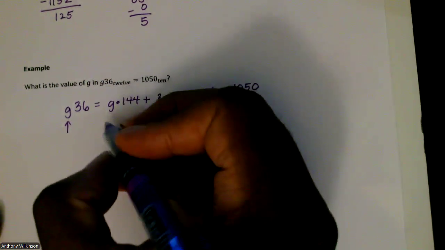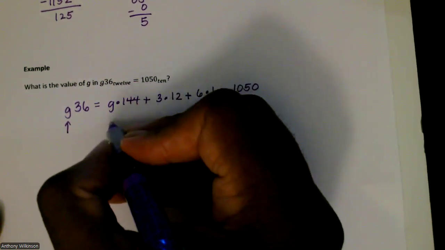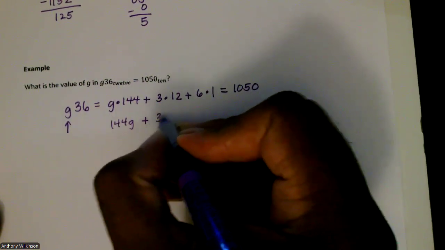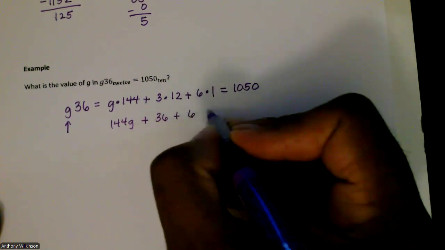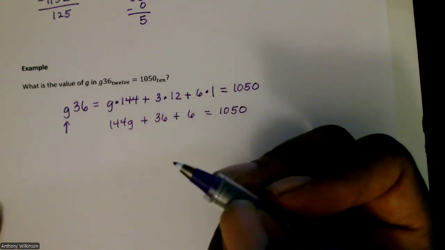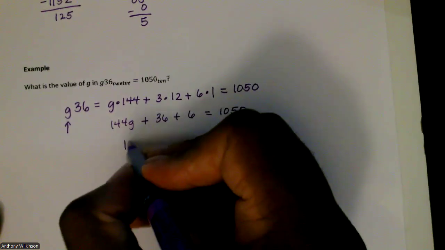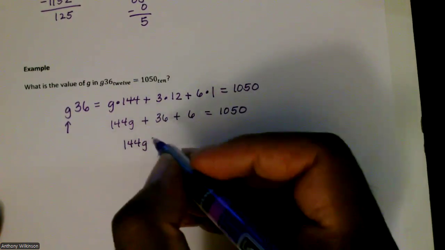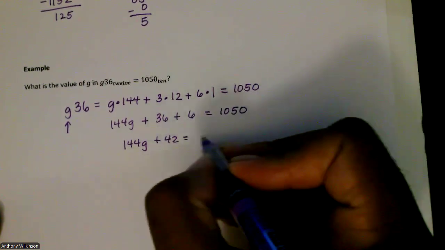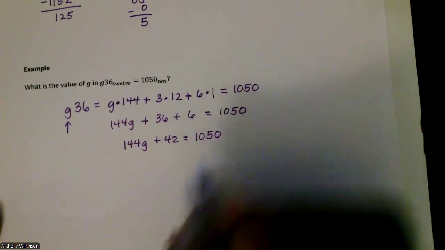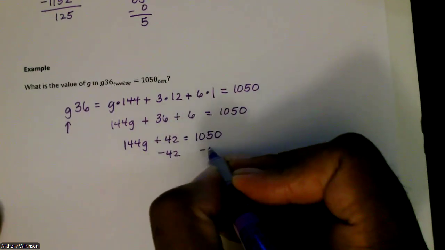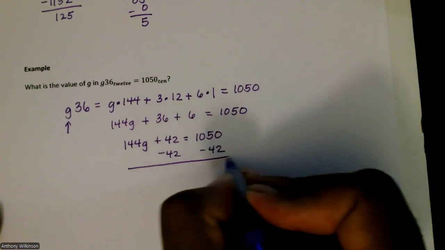All right, so let's simplify this first. G times 144 will be 144G, plus 3 times 12, that's 36, plus 6 times 1, which is 6, and that's equal to 1050. So here we're finding the value of G. Combine like terms, here I have 144G, 36 plus 6, that'll be plus 42, and that's equal to 1050. And then to get that 144G by itself, we'll subtract 42 on both sides.